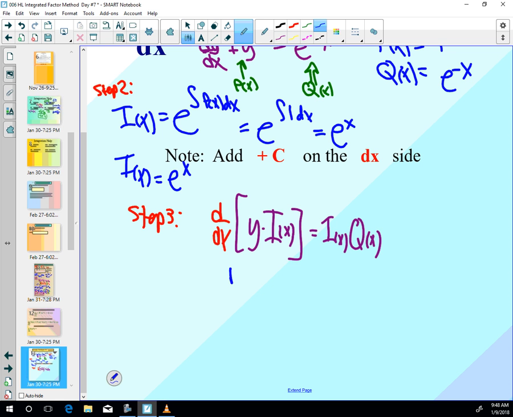So the derivative of y times e to the x will be equal to e to the x times q, which was e to the negative x. What's e to the x times e to the negative x? I like this. Huh? E to the x times e to the negative x is e to the 0, which is what? Yay.